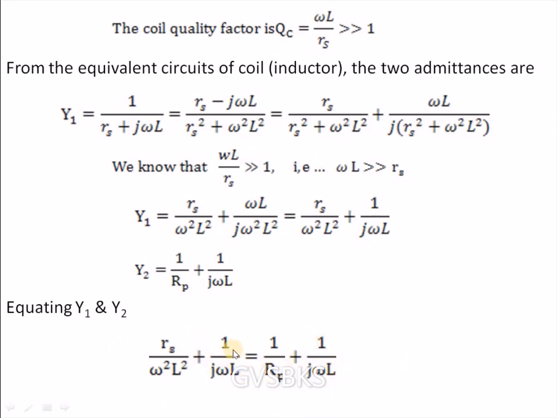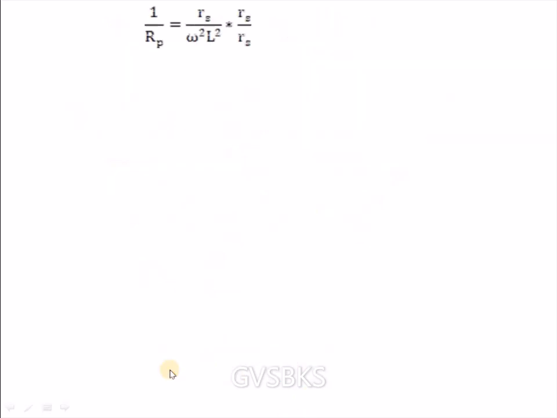On both sides, this 1 by j omega L can be cancelled. That's why 1 by RP can be written as RS by omega square L square.